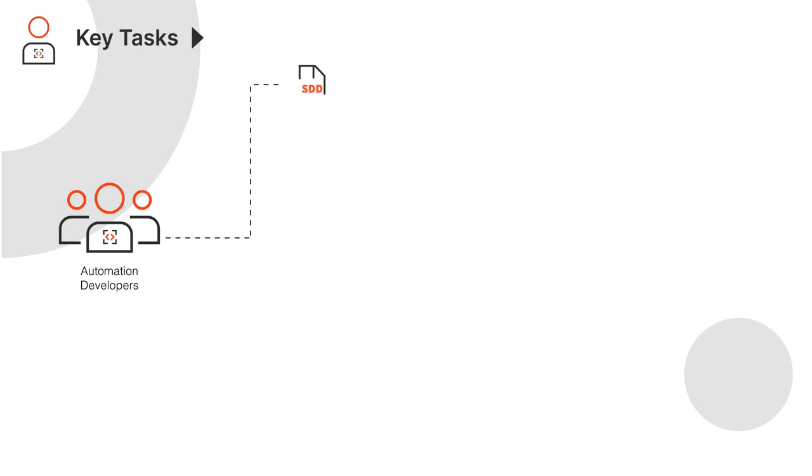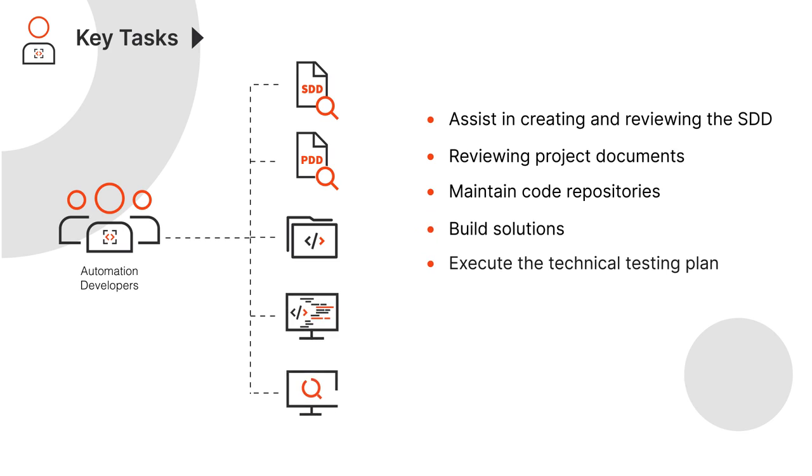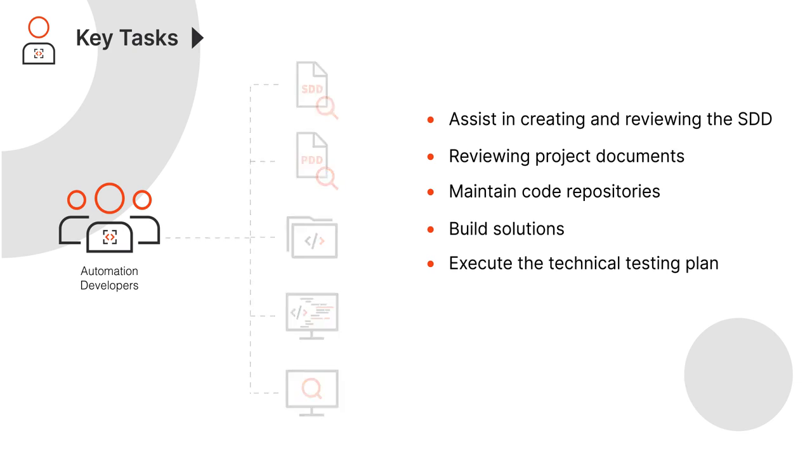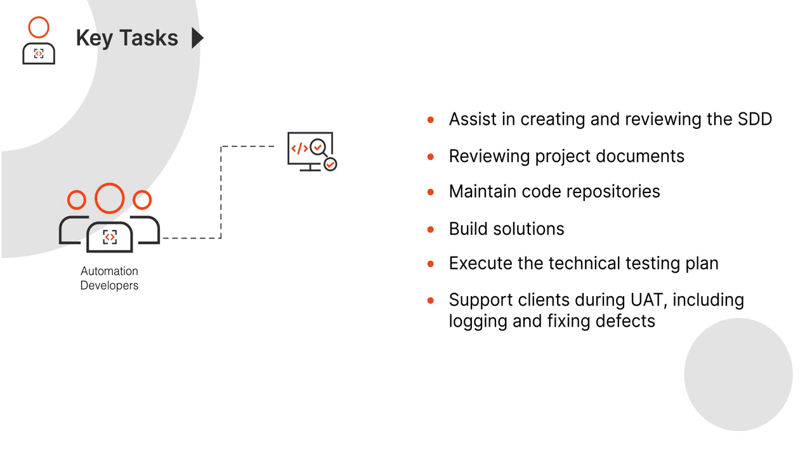Other key tasks include assisting in creating and reviewing the solution design document, reviewing project documents such as the PDD, maintaining code repositories, building the solution, and executing the technical testing plan. Additionally, automation developers support clients during UAT, including logging and fixing defects, and sometimes running test cases.